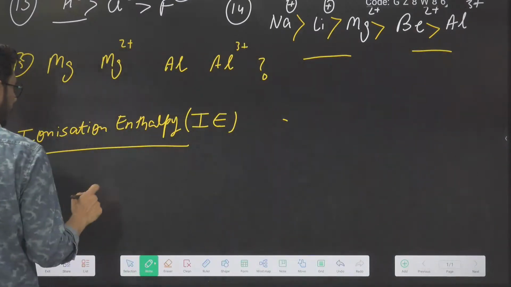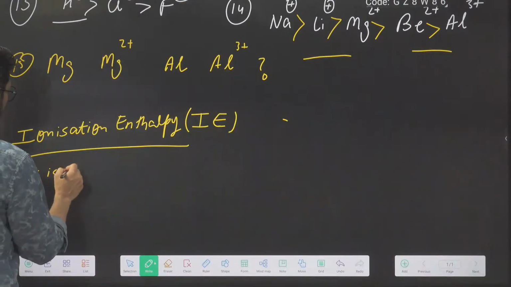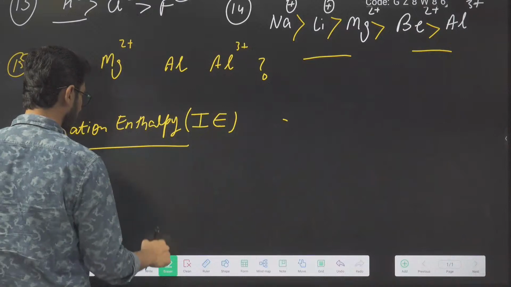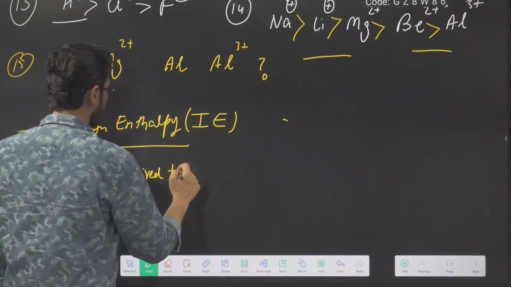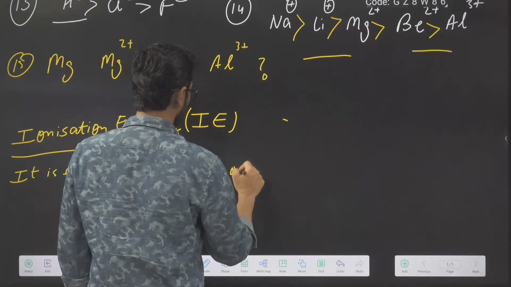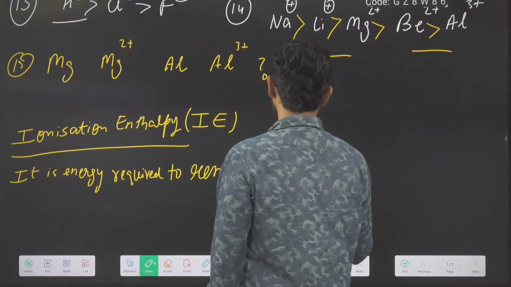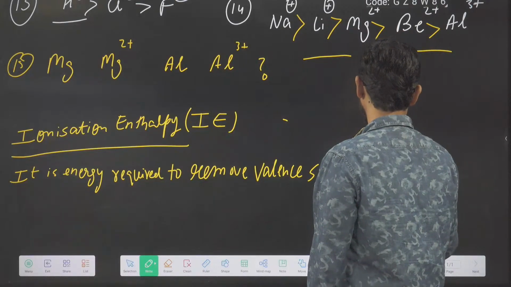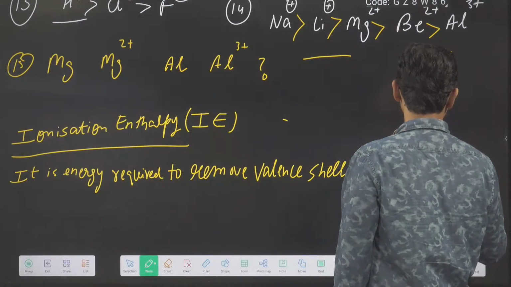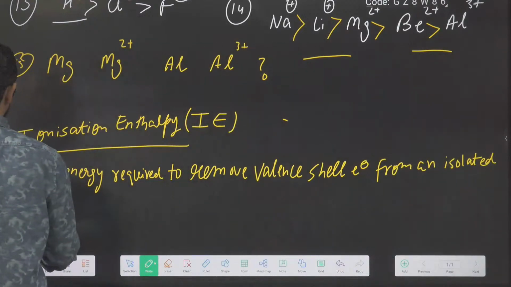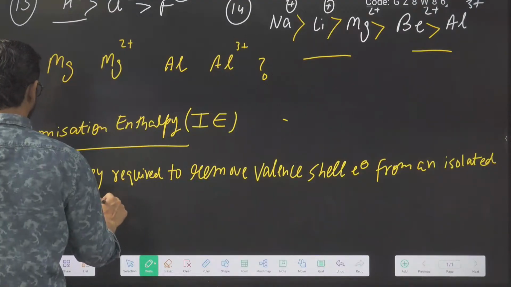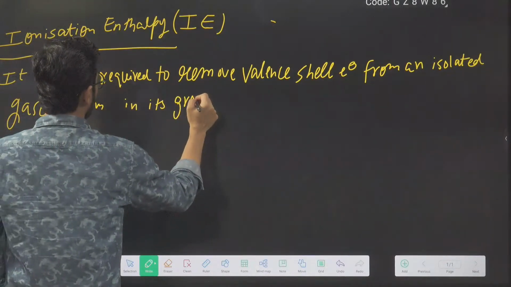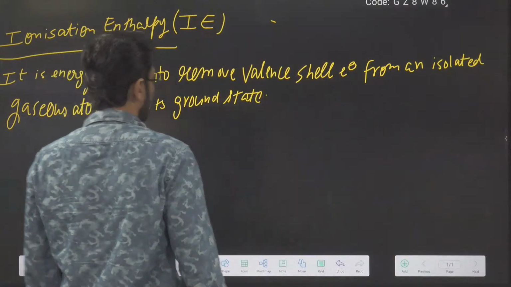To write down in the notes the definition, it is the energy required to remove the most loosely bound electron, which is the valence shell electron, from an isolated gaseous atom in its ground state.